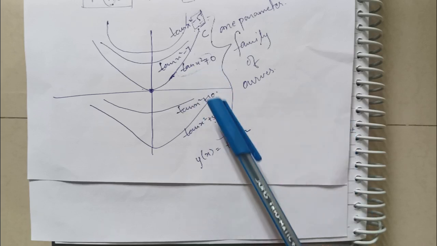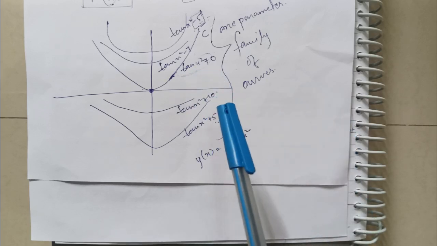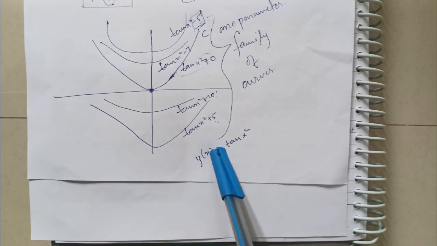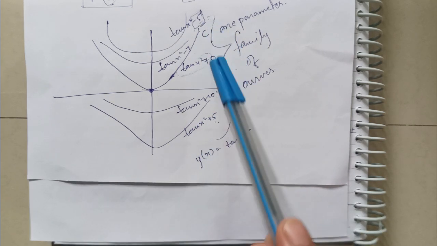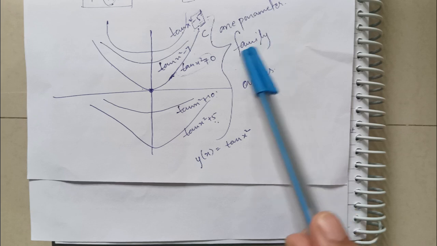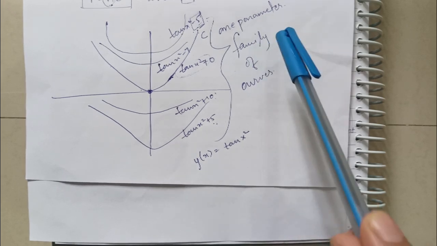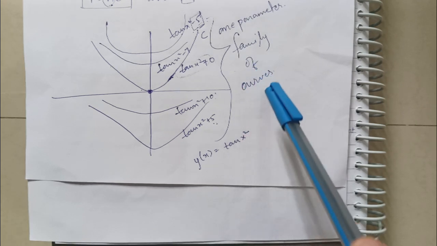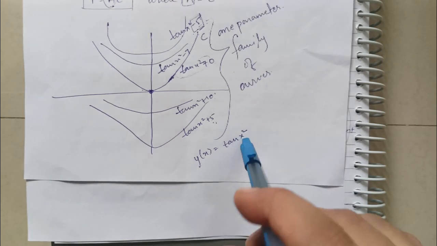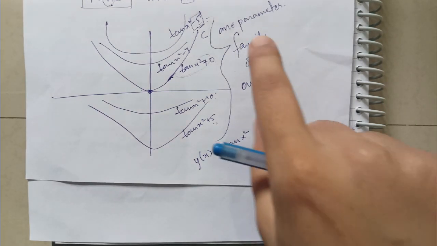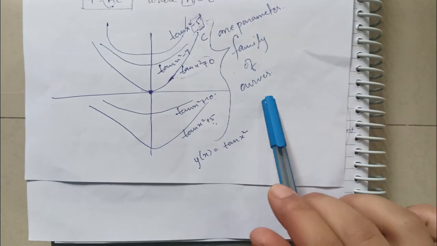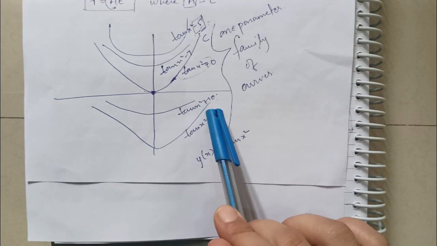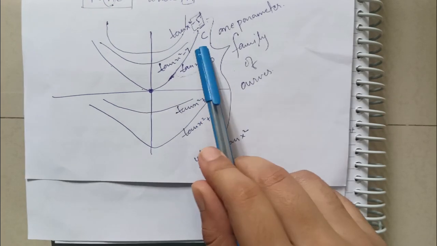If we keep putting the value of c, we'll find a unique curve for each solution. This family will have infinitely many members, just as we have infinitely many solutions. We call them a one parameter family of curves because each curve depends on just one parameter, which is c.